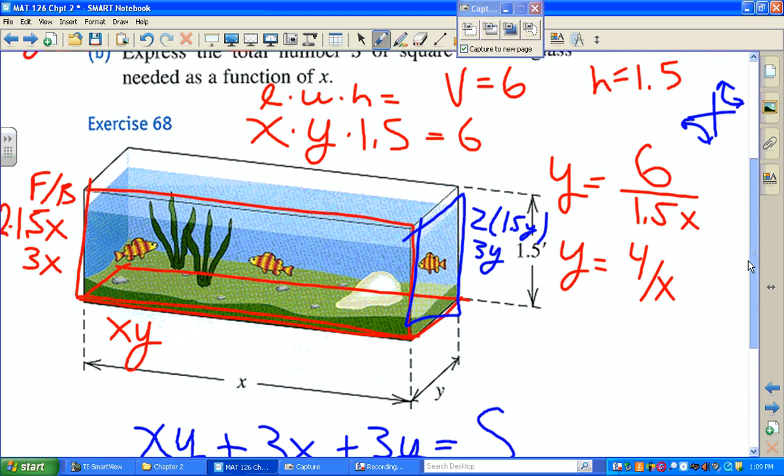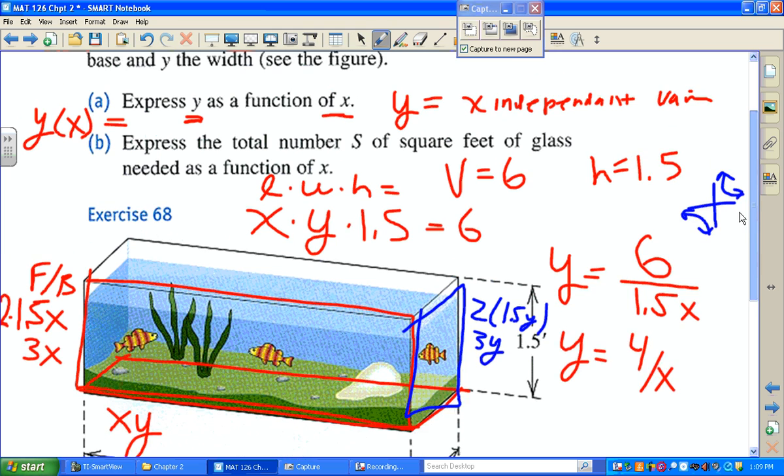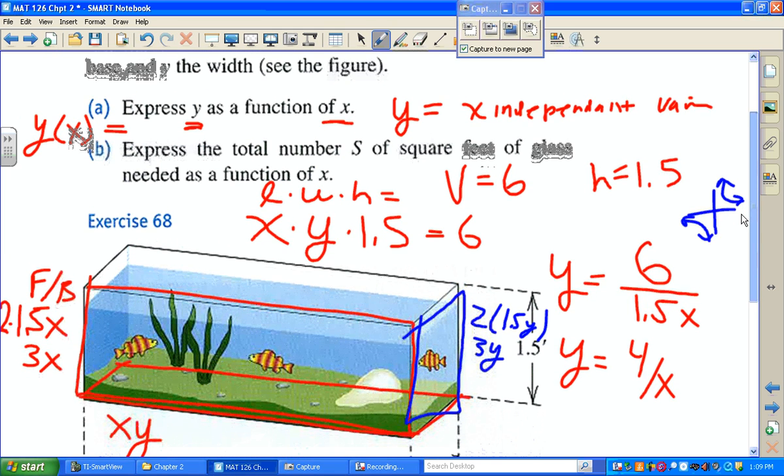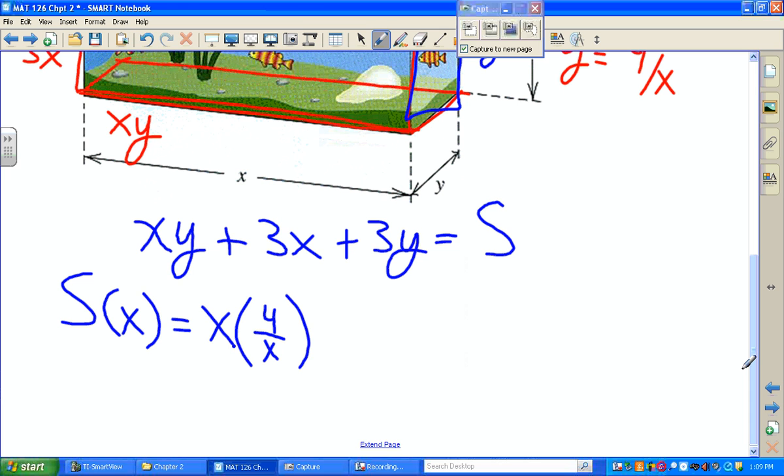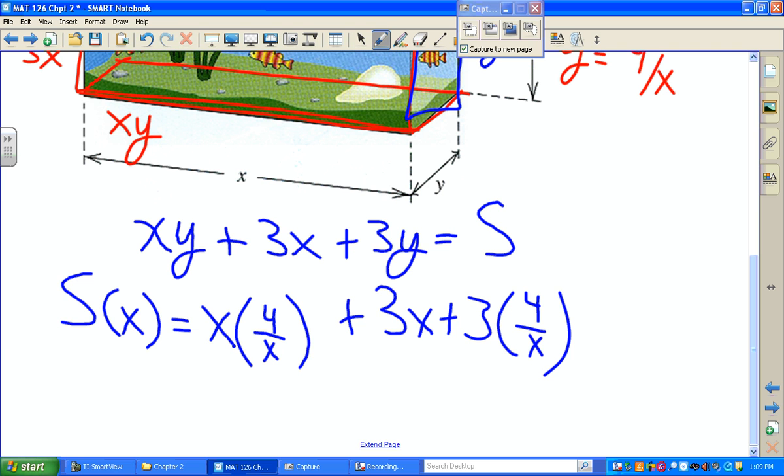It says y equals 4 over x because this aquarium has to have 6. 6 what? 6 cubic feet. Yeah, you plug in 4 over x for all the y's. And that gives you the surface area as a function of x.